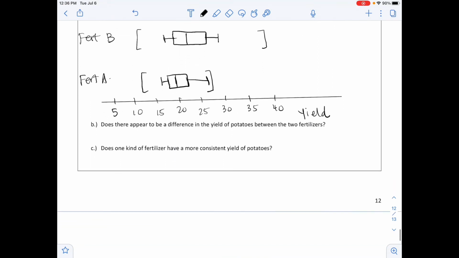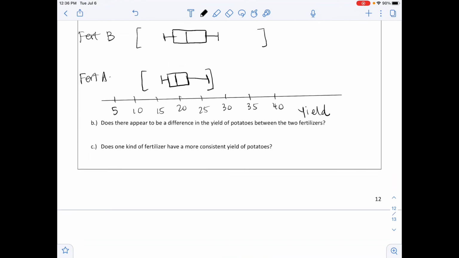There are some questions right below this that pertain to these box plots and the data. B says, does there appear to be a difference in the yield of potatoes between the 2 fertilizers? And we would say yes. It looks like fertilizer B is more dispersed. That box is larger.